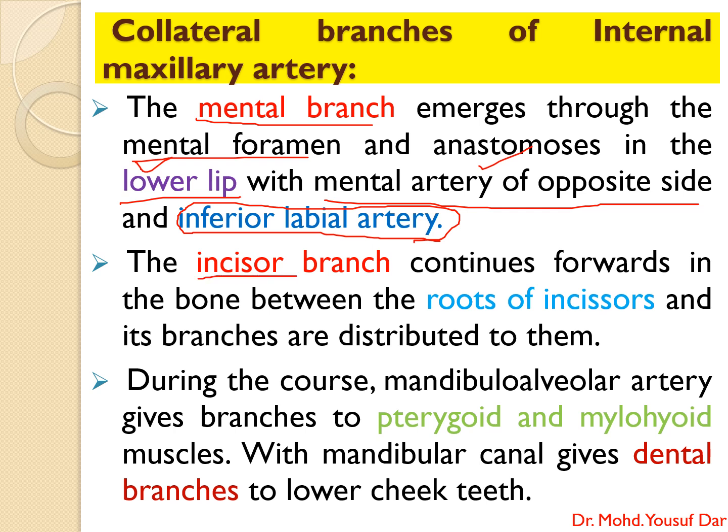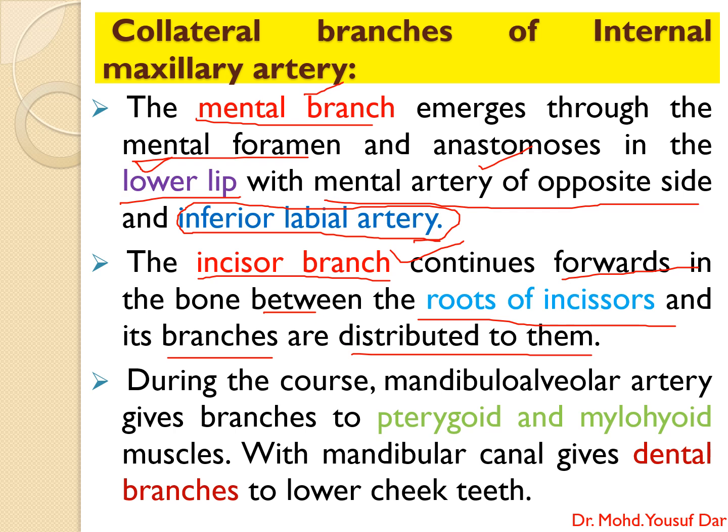Now the next branch is the incisor branch. The incisor branch continues forwards in the bone between the roots of the incisors and its branches are distributed to them. So the incisor branch gives branches to the roots of the incisors, while the mental branch supplies the lower lip when it comes out through the mental foramen.